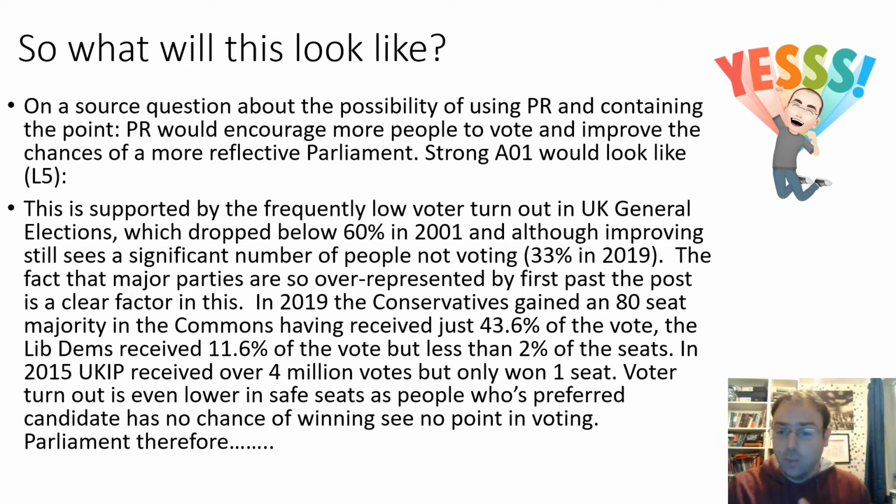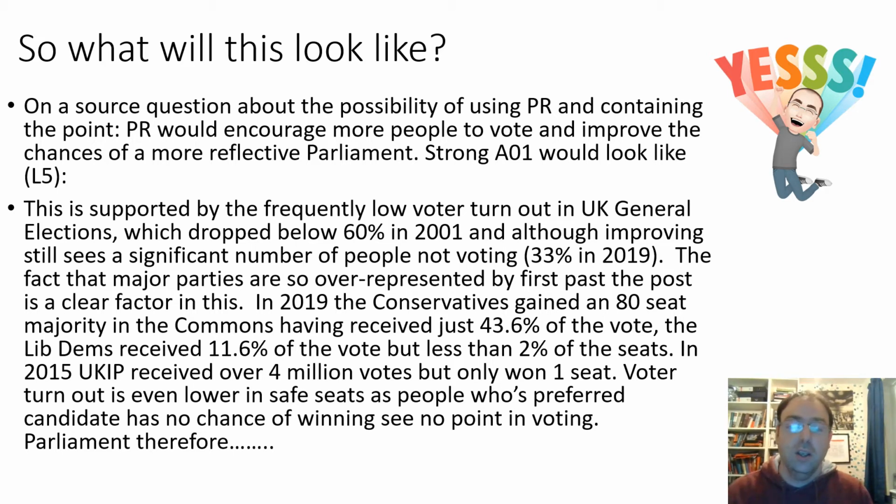Right, so the point that would be in the previous bit, I go, this is supported by the frequently low turnout in UK general elections. This dropped below 60% in 2001, although improving, still sees a significant number of people not voting, so 33% in 2019. The fact that these major parties are so overrepresented by first past the post is a clear factor in this.